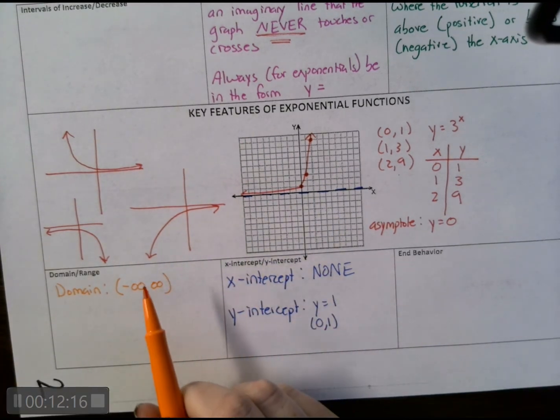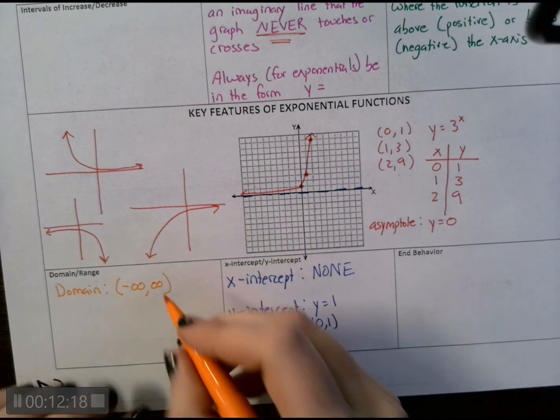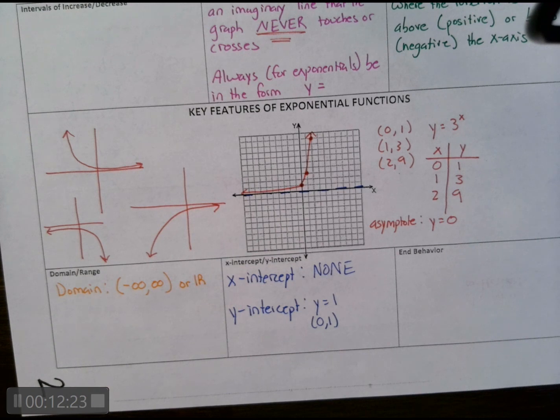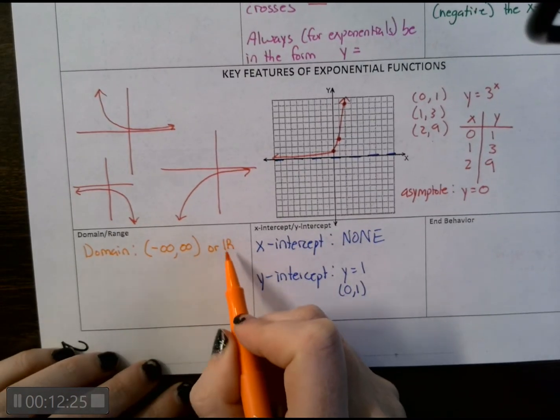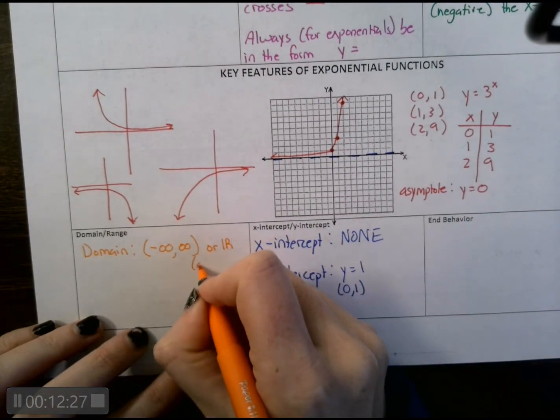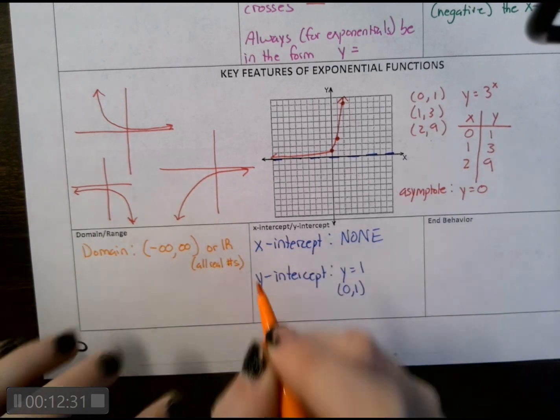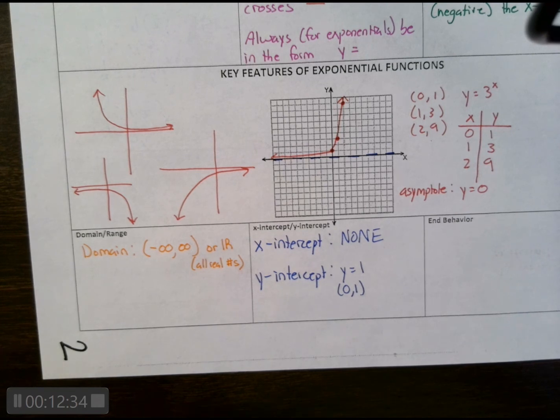Another way to say negative infinity to positive infinity is this thing called all real numbers, which is denoted by a line and an R. Okay? From now on, our domain is always going to be all real numbers.